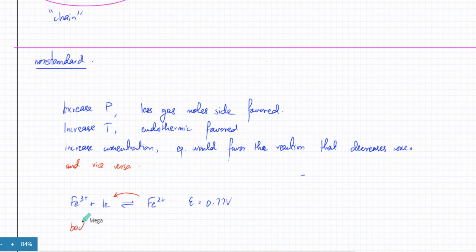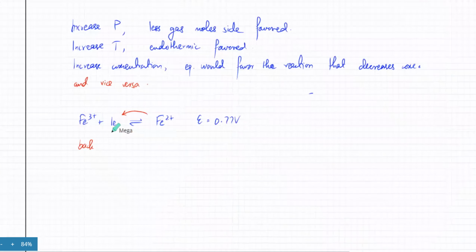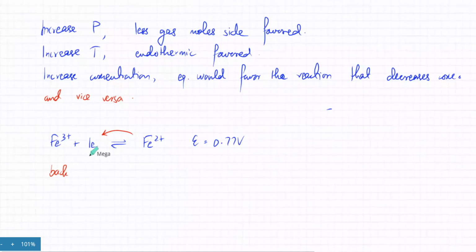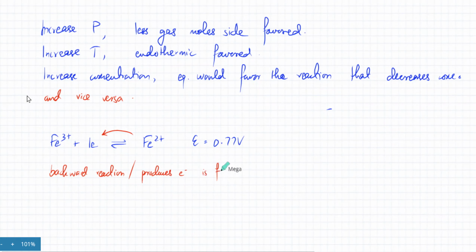The way equations are written in the data booklet, conventionally speaking, they're always written so that in the backward direction they lose electrons, right? So if the backward reaction, the one that produces electrons, is favored, then the new potential would be lesser.